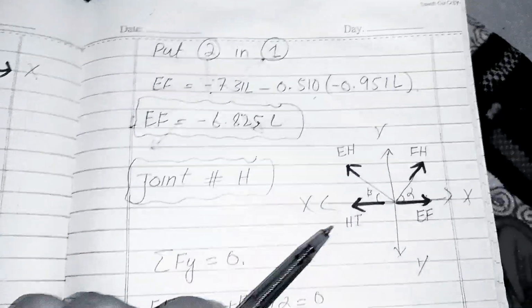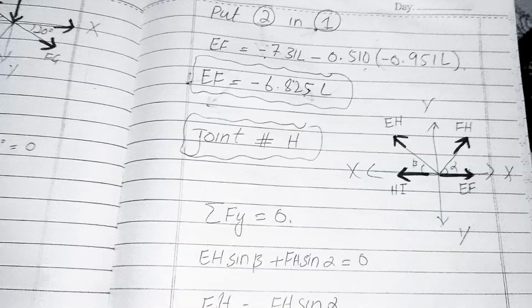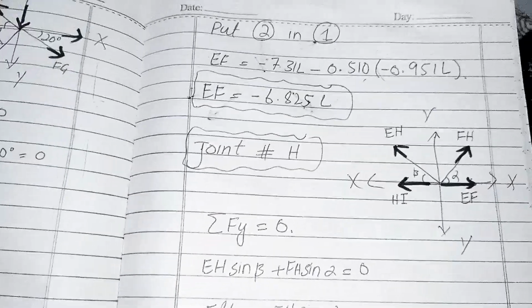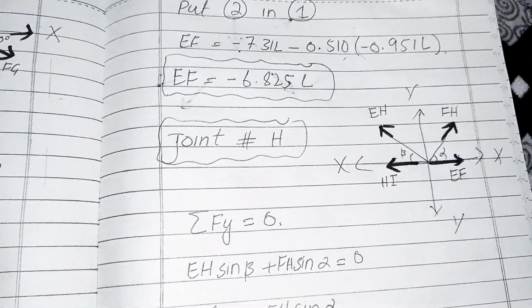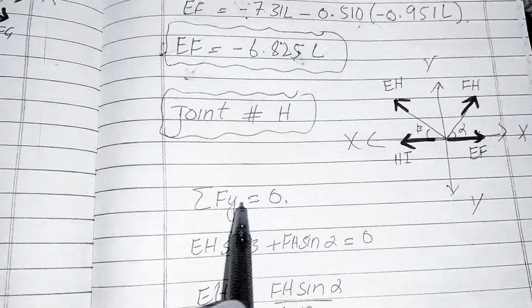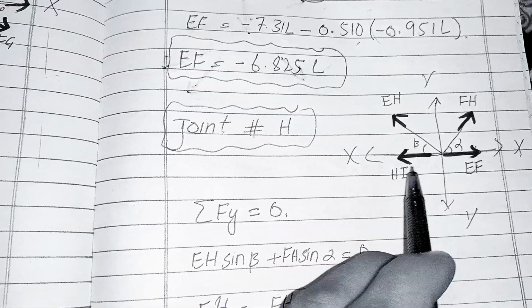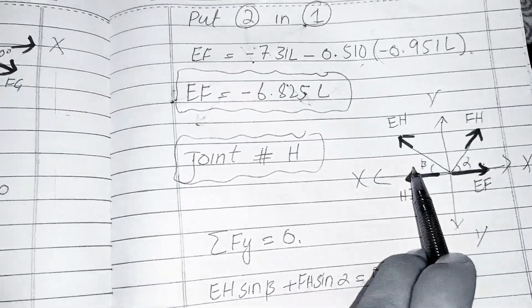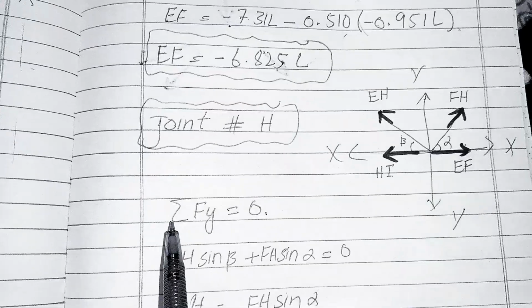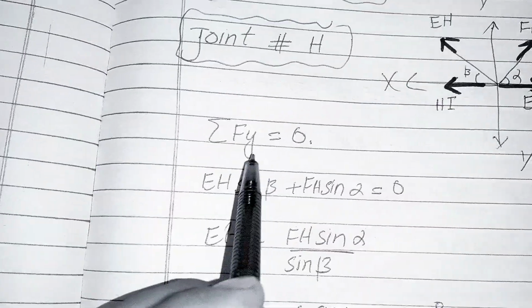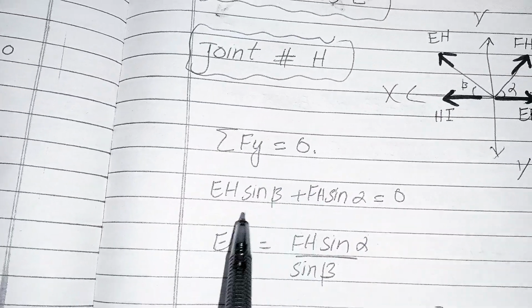So now, summation of all vertical forces acting on this joint equal to 0. I assume that all forces in this joint are in tension. So Fy equal to 0.